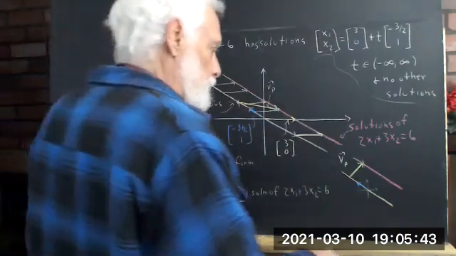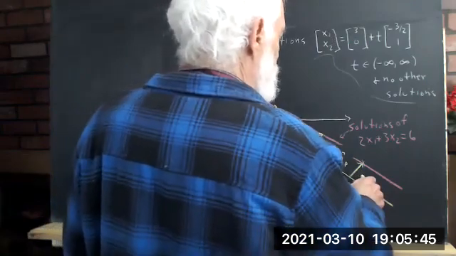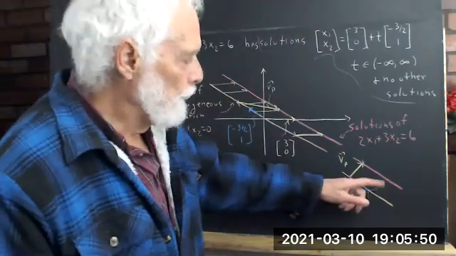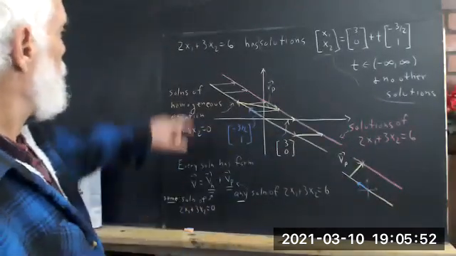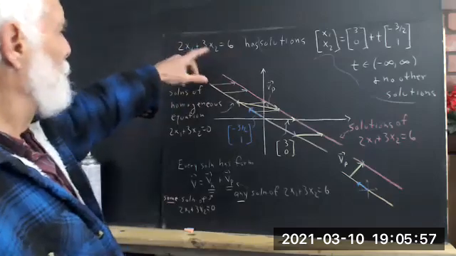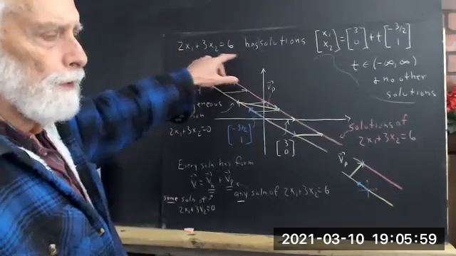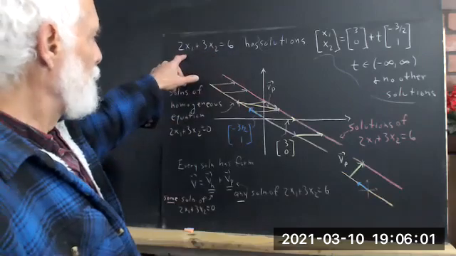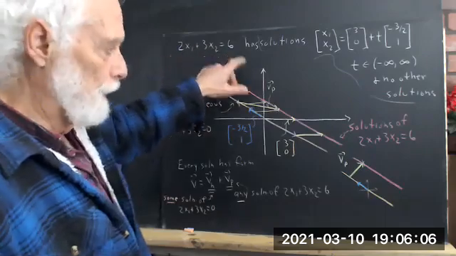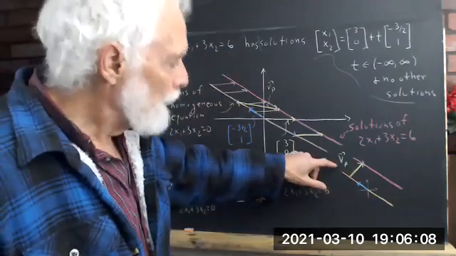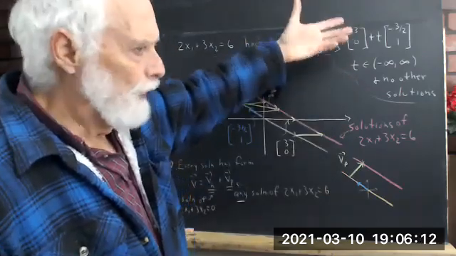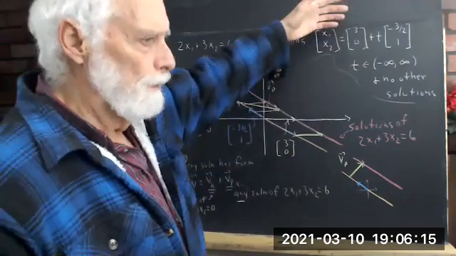Okay, well, what particular solution? Well, maybe this is 1 unit and this is 4/3. Okay, so the x coordinate's 1, y coordinate's 4/3. Well, if x1 and x2 are 1 and 4/3, it gives a solution. Because that gives us 2 here, and 4/3 of 3 is 4. 2 and 4 makes 6. So this could be a different particular solution. In other words, this 3,0 doesn't have to be 3,0. It could be any vector at all.